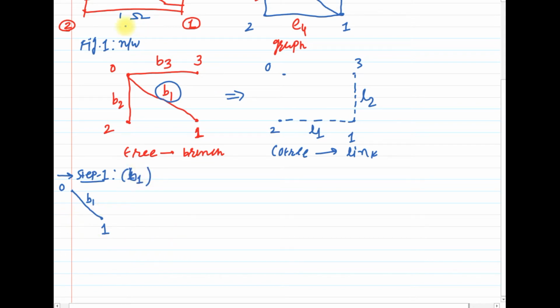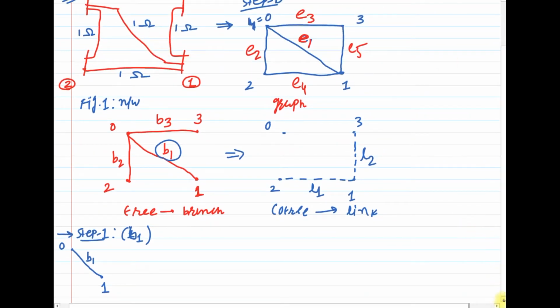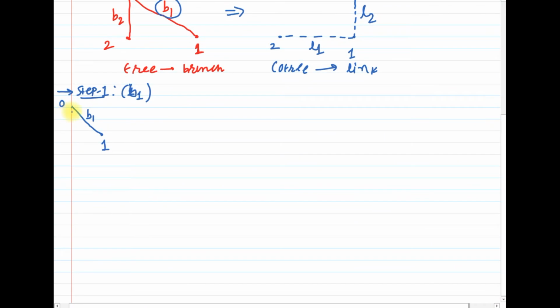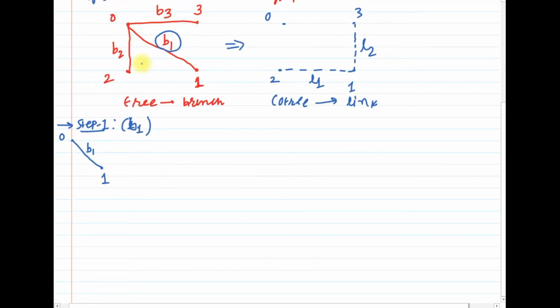So now just forget all the network which is given to us. Now in step 1 just remember that we have only this much of the network available with us. That means only B1 is available in the network. All the other elements are not available with us. So in the first step we have only the B1 element available.